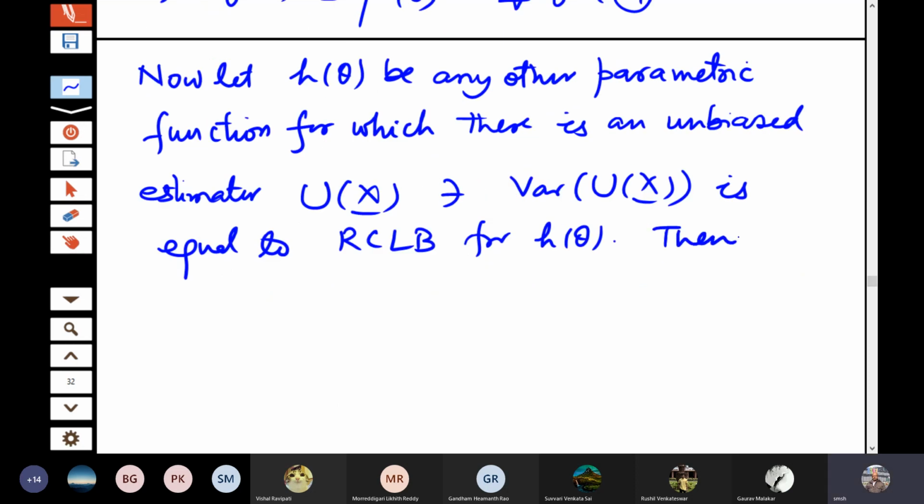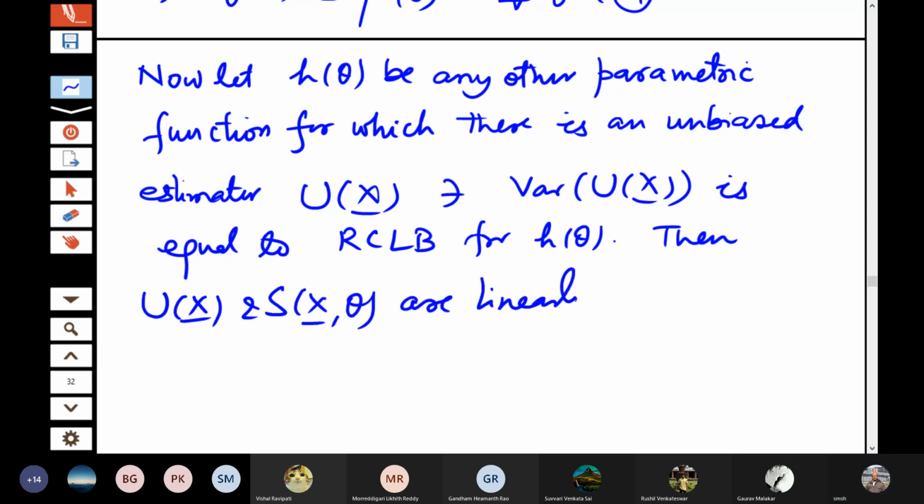Then again we have the same statement that U_X and S_X theta are linearly related with probability 1.